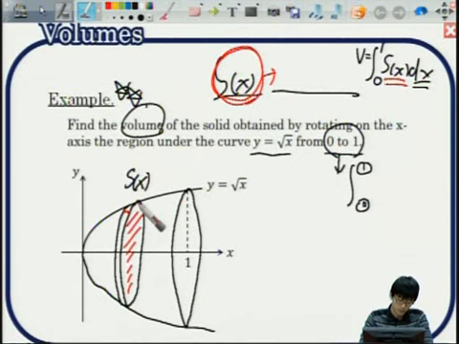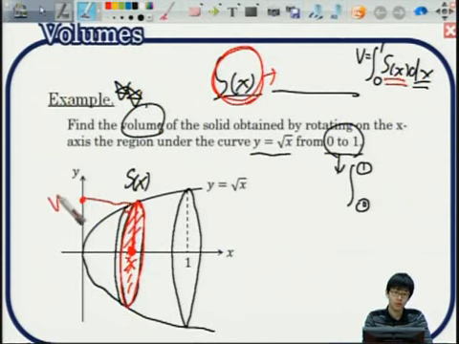This cross-section area will be a circle, and this radius will be here. Let's say this component here is x, then the y component will be root x, which means this radius is root x here, right?